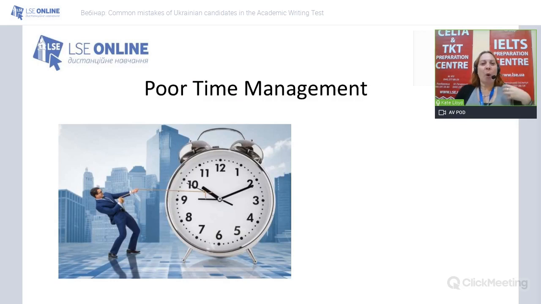So if we have 1 hour in total for the writing test, how many minutes do you think you should spend on task 2 and how many minutes on task 1? What do you think?